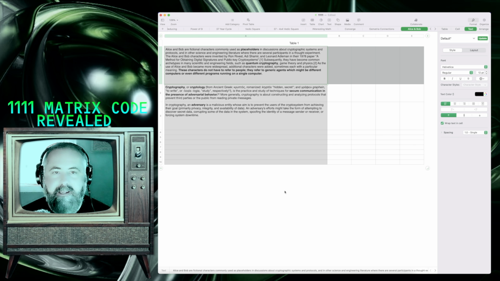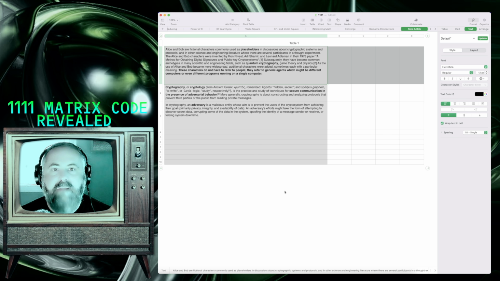I want you to really pay attention to what it says. These characters do not have to refer to people. They refer to generic agents, which might be different computers or even different programs running on a single computer. Okay? Think about it, folks.